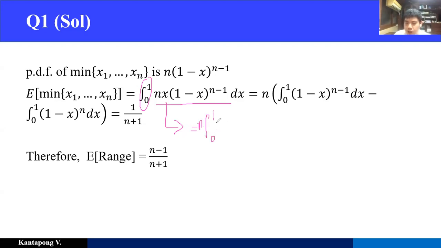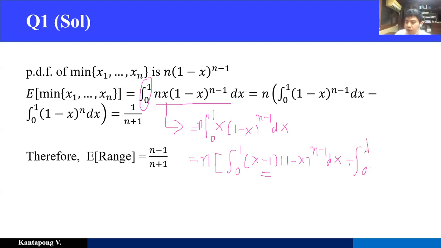We have x, and we write it as x minus 1 plus 1, because we have 1 minus x in the power. That is the trick of plus 1 minus 1. The question uses this trick.